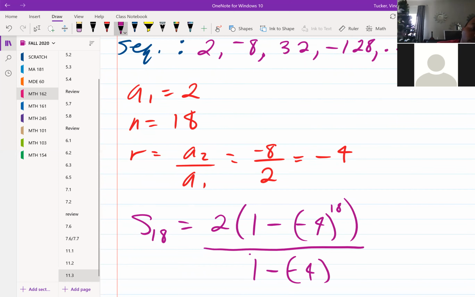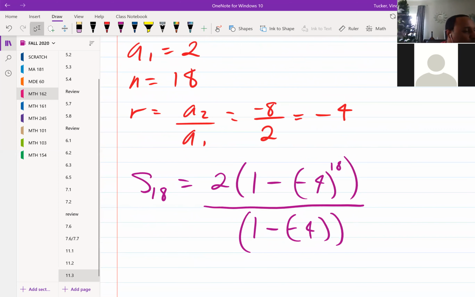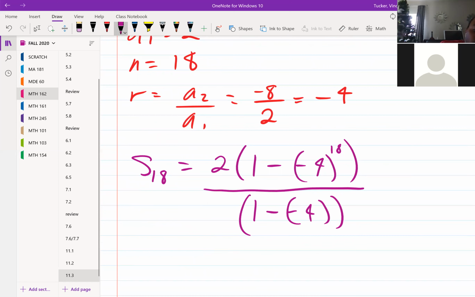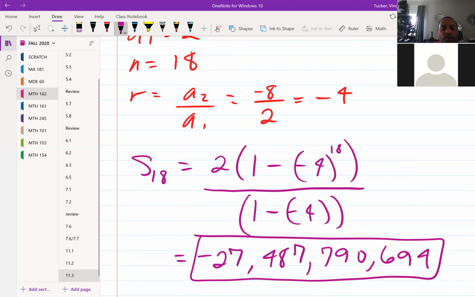Of course you can put that in parentheses in your calculator. Your answer should be -27,487,790,694. That's what you get when you add up all 18 terms.